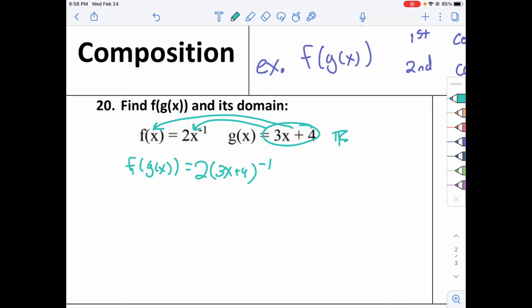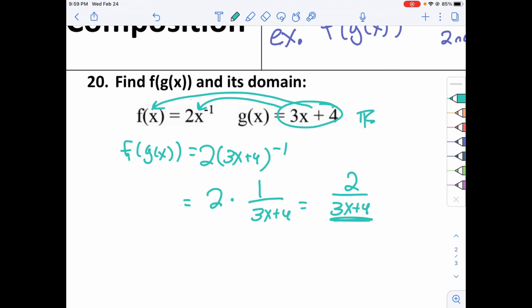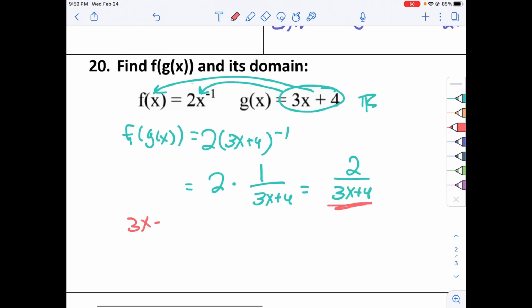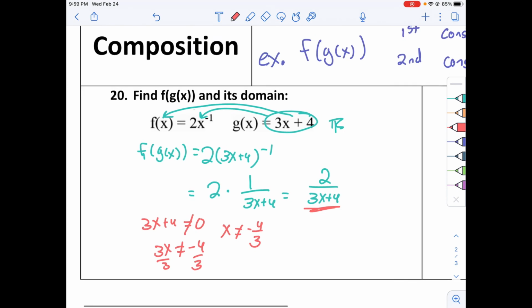Now we need to simplify f of g of x to see if any restrictions pop up. So this is going to be 2 multiplied by 1 over 3x plus 4. So we can really just say 2 over 3x plus 4. Yes, a domain restriction did pop up. 3x plus 4 cannot equal 0. So that means 3x cannot equal negative 4, which means that x cannot equal negative 4/3.